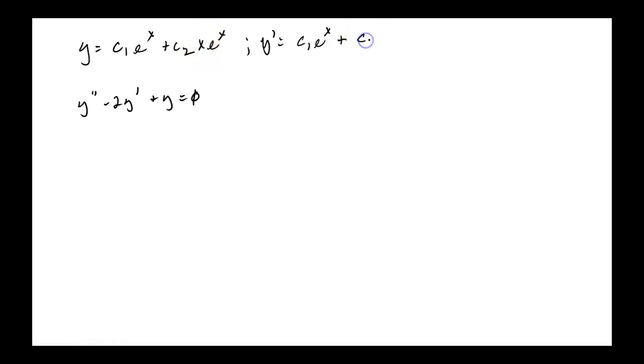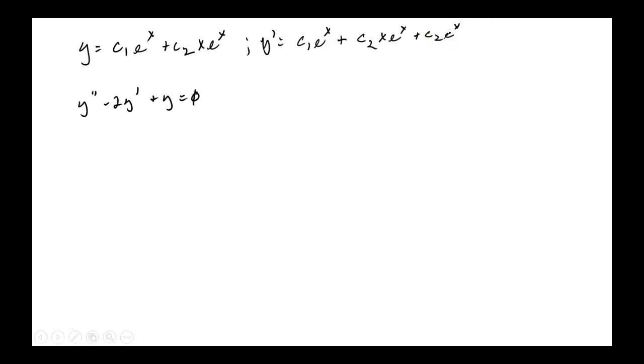C2 we can write out front, okay? And then the derivative of a product is the first times derivative of the second, so that would be x e to the x, because derivative of e to the x is e to the x, plus the second times the derivative of the first. So the derivative of the first is 1, so that would be plus C2 e to the x, okay?